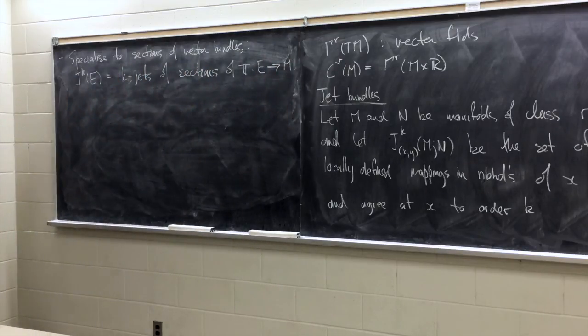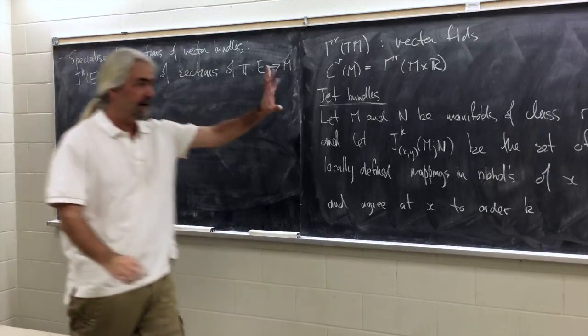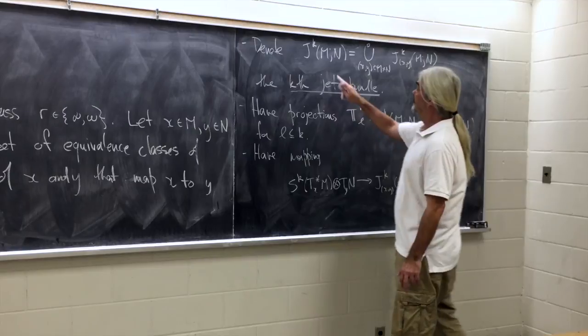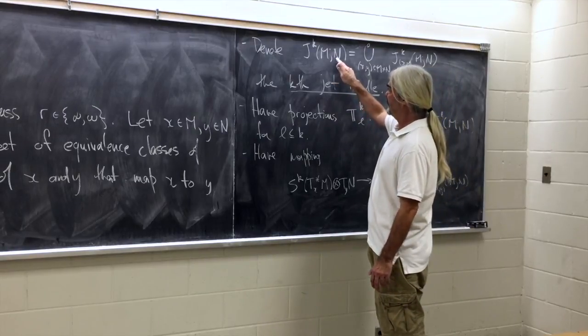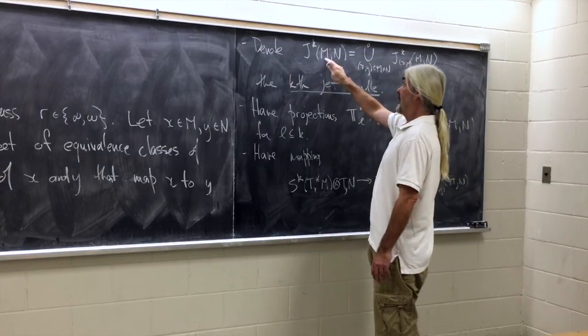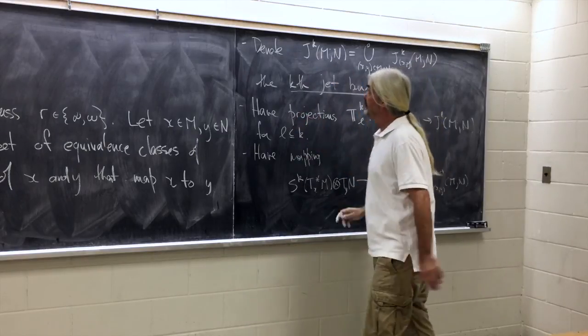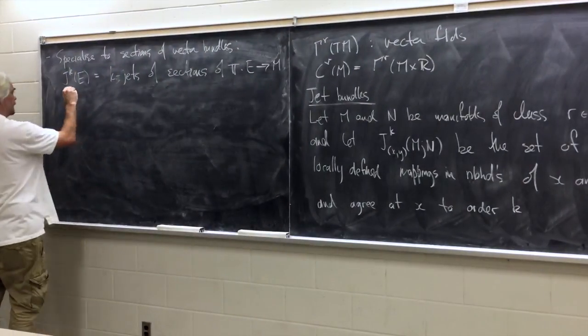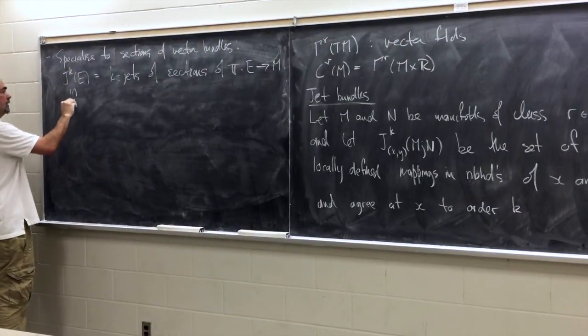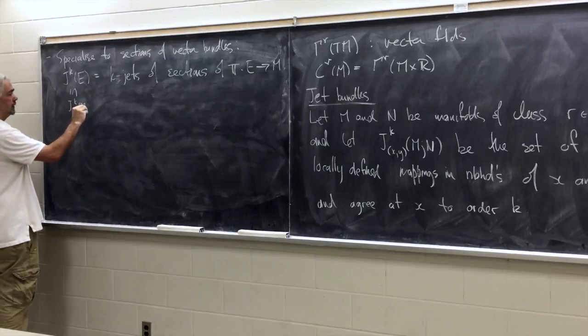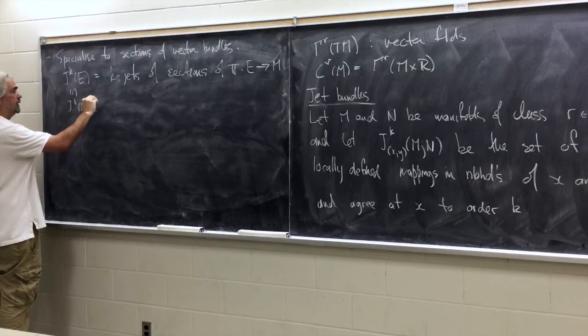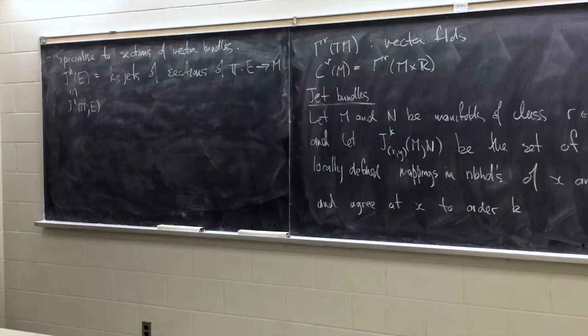Okay, so this entire idea can be specialized to the case of not manifolds M and N, but N a vector bundle E over M, and you're going to talk not about arbitrary mappings between M and E, but sections. We call that J^k E, and this thing lives inside J^k(M, E).